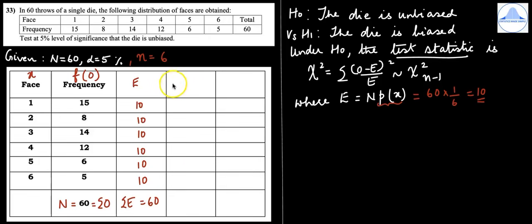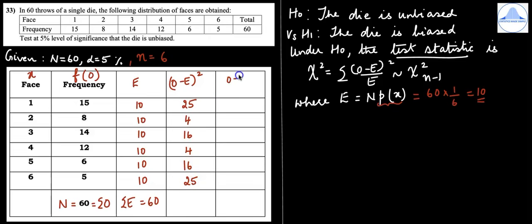Next, what we have to do is you have to form O minus E the whole square. So 15 minus 10 is 5, 5 square is 25. Then 8 minus 10 is minus 2, square is 4. So similarly, next one is 16. Then you'll get 4, 16 and 25.